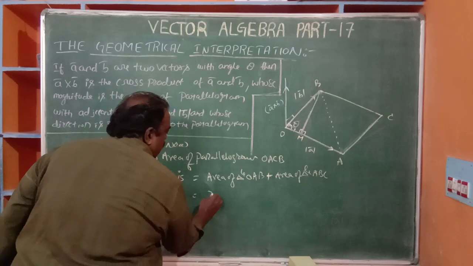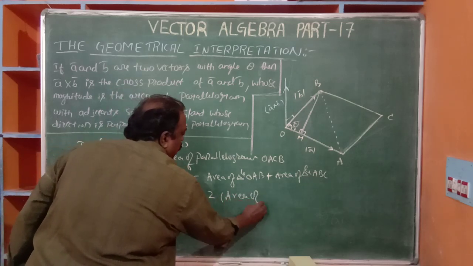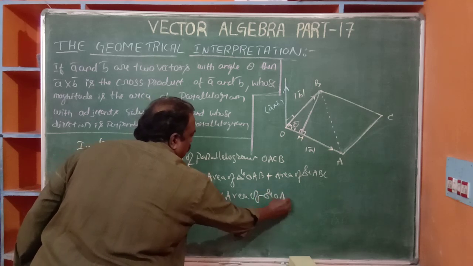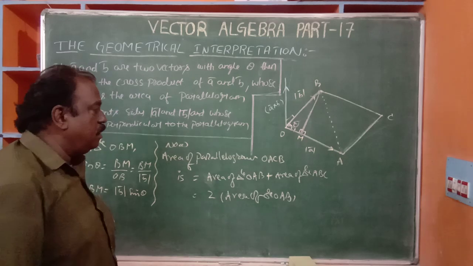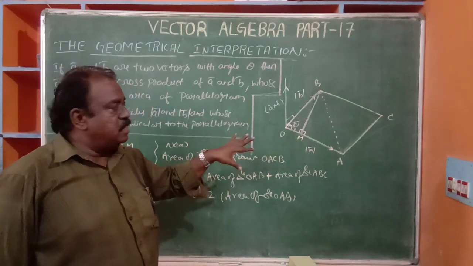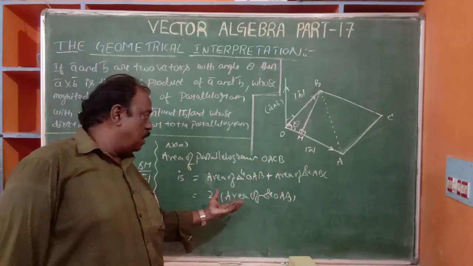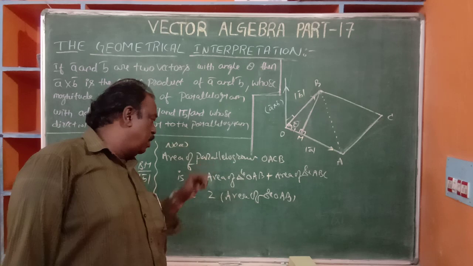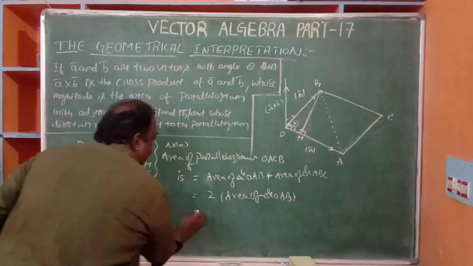So this can be written as 2 times the area of triangle OAB. OAB is nothing but ABC, so instead of writing ABC, I write triangle OAB and OAB. What is the area of triangle OAB?